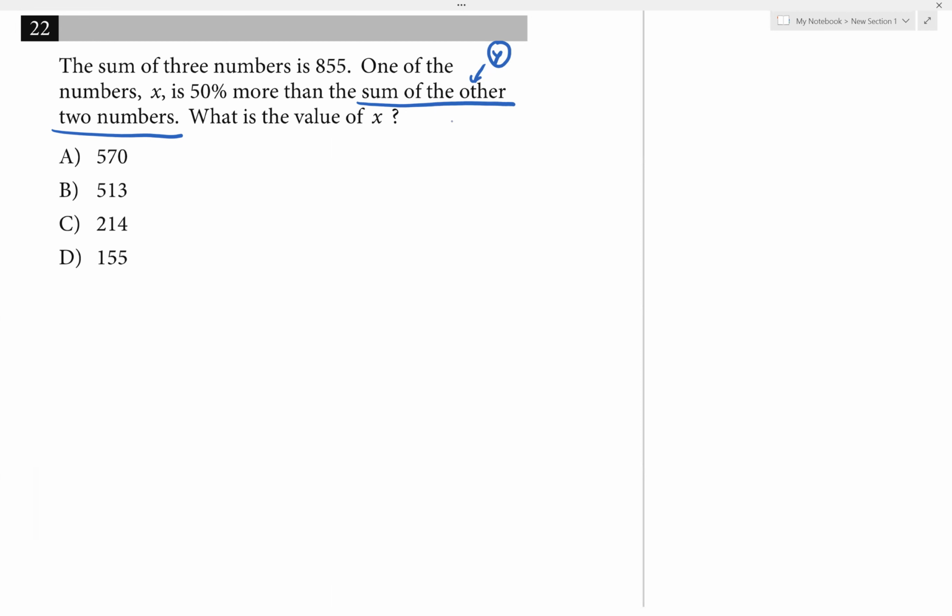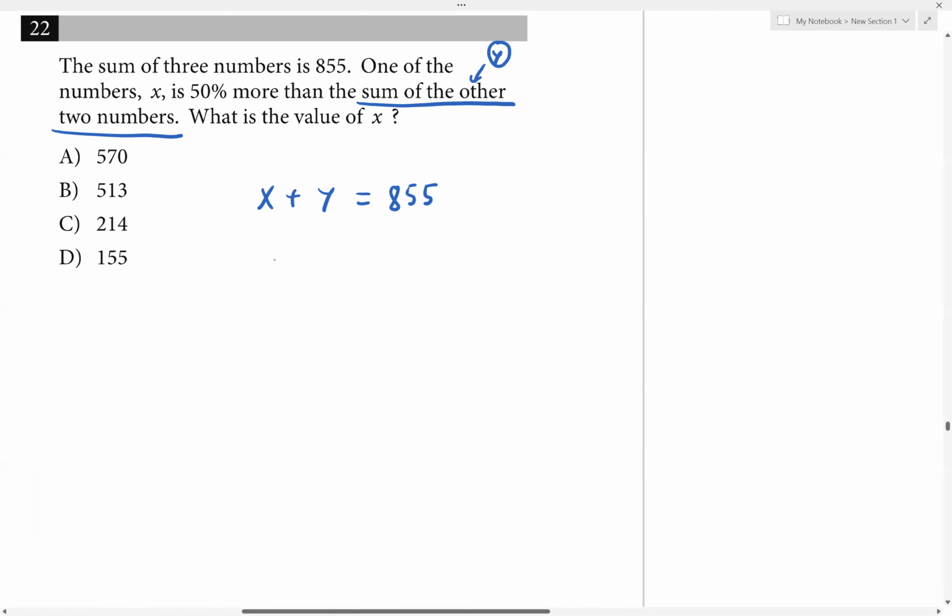And then we can write our equation. This will be a system of equations. We know the sum of all the numbers is 855, so you can say x plus y, where y is the total for the other two numbers, should equal 855. And then we know x is 50% more than y, the sum of the other two numbers.